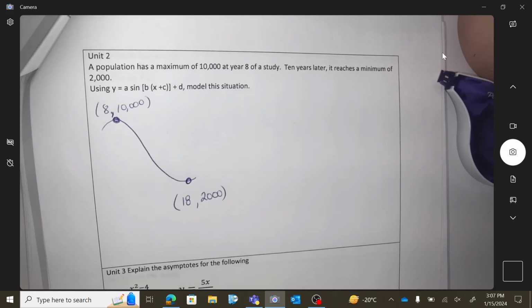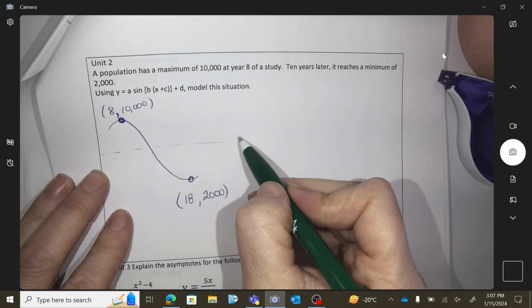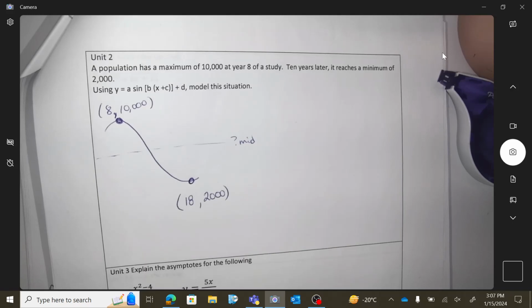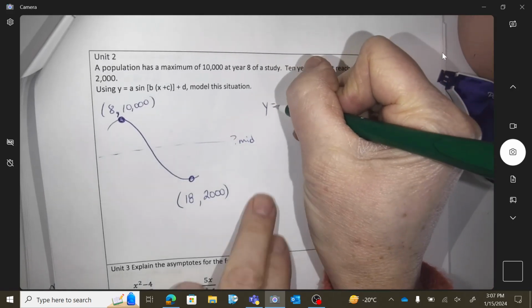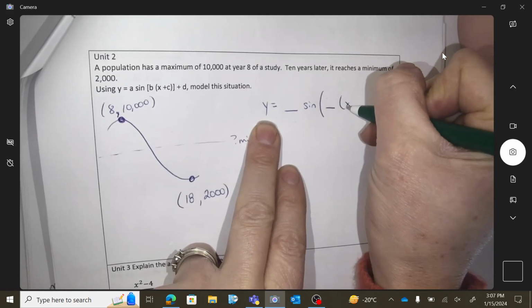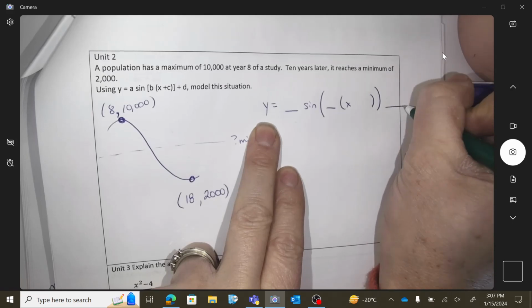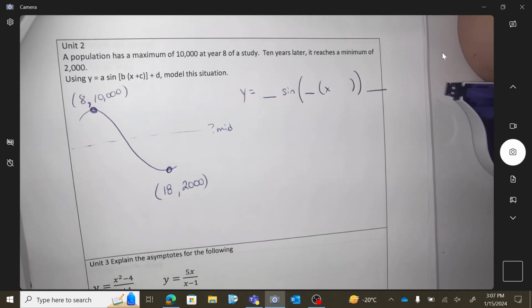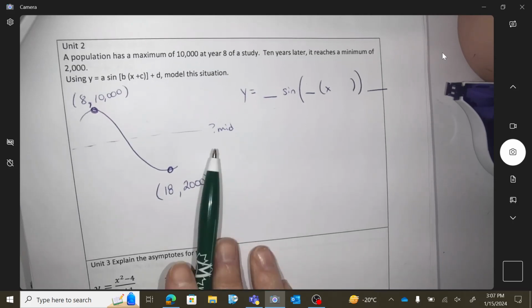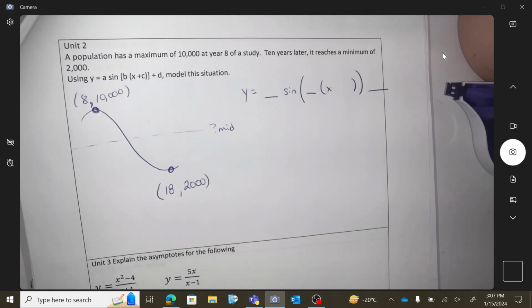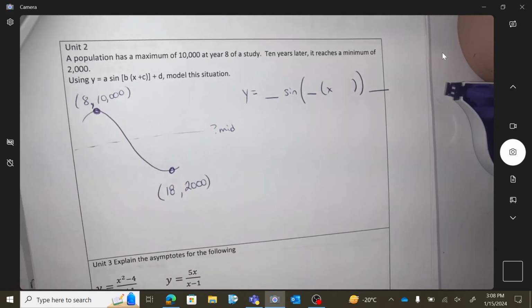Okay, my first thing is I'm going to think about what's the middle. You're working to get A, B, C, D's in here. So my first instinct is figuring out what's in the middle of the heights. So there's a 2,000 down there and there's a 10,000 down there.